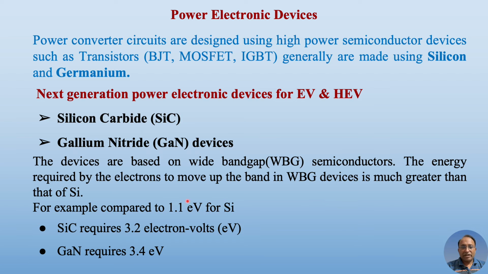So here there is a slight comparison shown with respect to the conventional silicon semiconductor. The band gap inside a silicon semiconductor is 1.1 electron volt, and as compared to that SiC requires nearly 3.2 electron volts, and gallium nitride requires 3.4 electron volts.